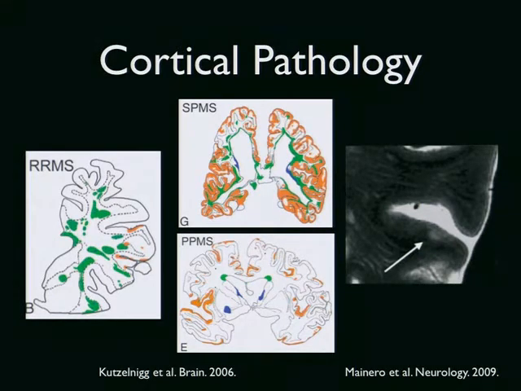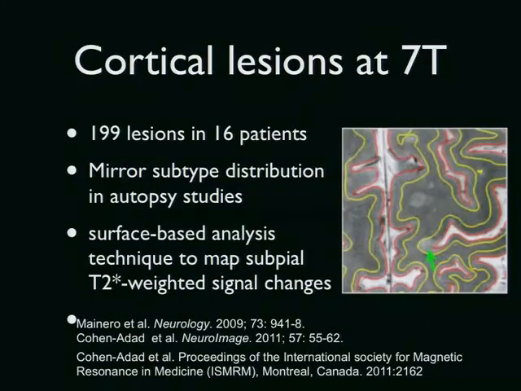What Caterina has done is look at ultra-high field at 7T, and with that increase in resolution, we've been able to better characterize cortical pathology. In her first paper in Neurology in 2009, she looked at 16 patients and found a total of 199 cortical lesions.